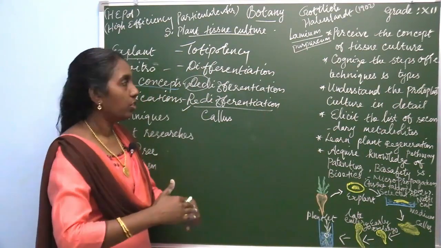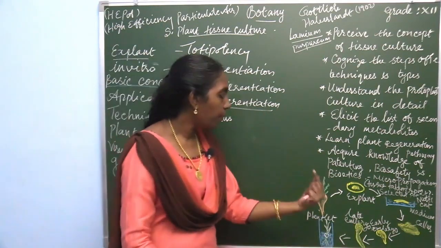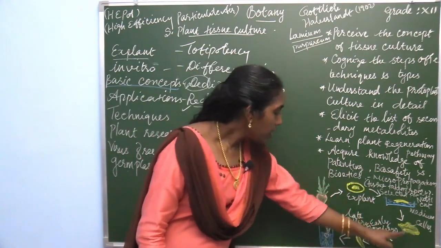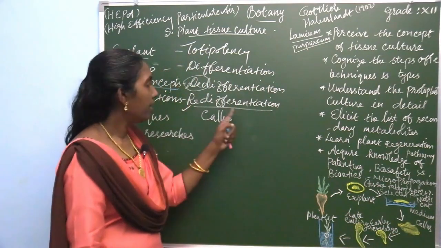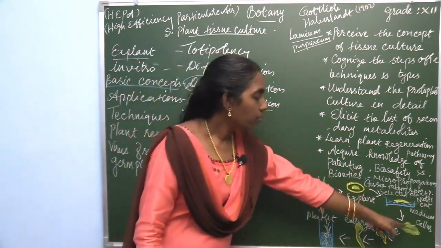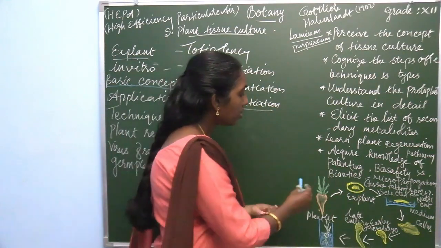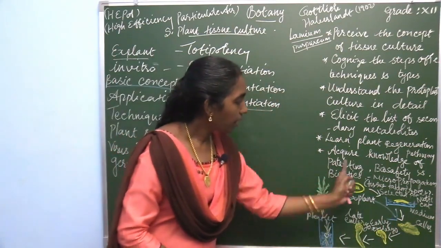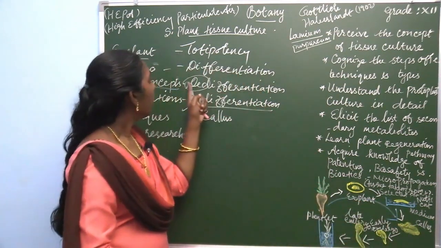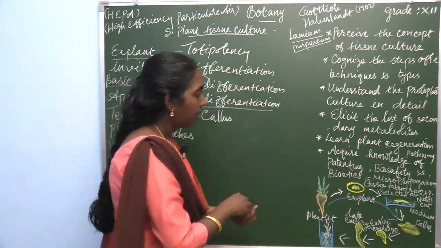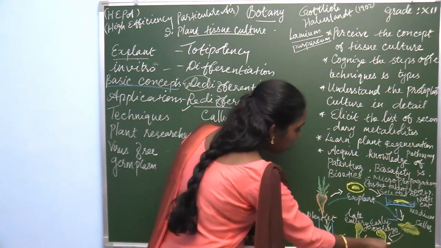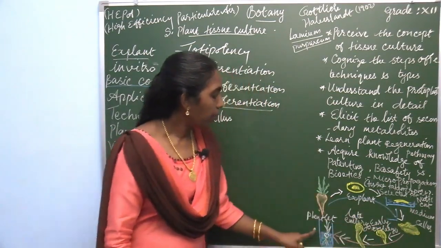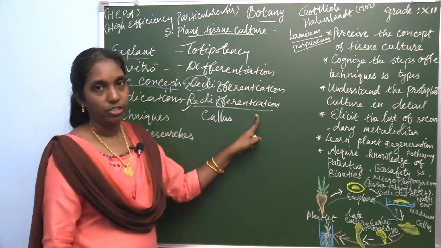Now de-differentiation is the reverse action of a mature plant cell becoming callus. From callus to mature plant is re-differentiation. The reverse action, from mature plant to formation of callus, is de-differentiation, and from callus to entire plant is called re-differentiation.